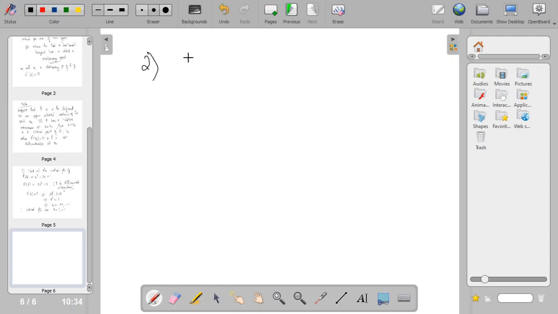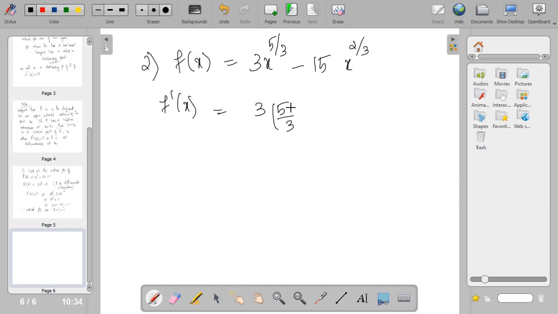Now the second question is f of x equal to 3x raised to 5 by 3 minus 15 x raised to 2 by 3. So if you look at f dash of x, it is 3 into 5 by 3, x raised to 5 by 3 minus 1, minus 15 into 2 by 3, x raised to 2 by 3 minus 1.